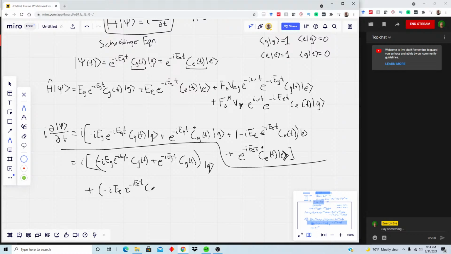This is a lot of algebra, but this is good practice nonetheless. Because we got to learn how to take into account our mathematics.